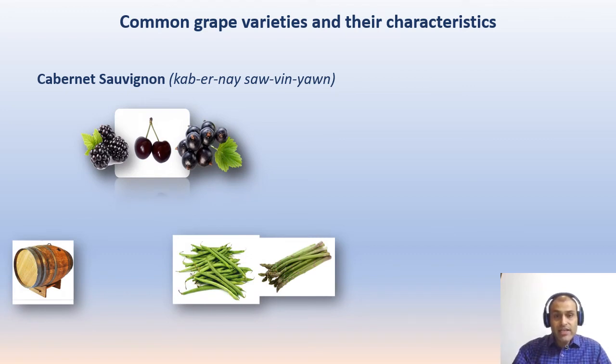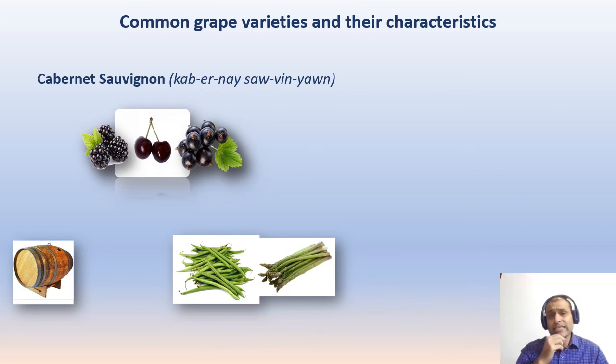This will give you blackberries, black cherries, blueberries, and some vegetable aromas like asparagus, beans, grass, things like green peppers. It loves oak, so you'll get that flavor profile from the oak, like spices and coconut, and things like soft spices.